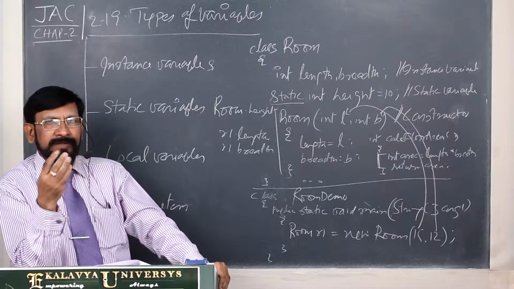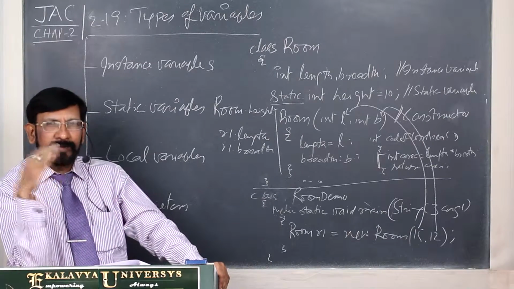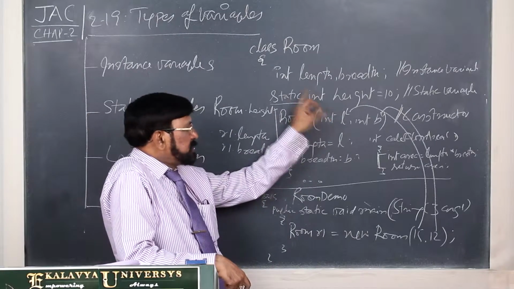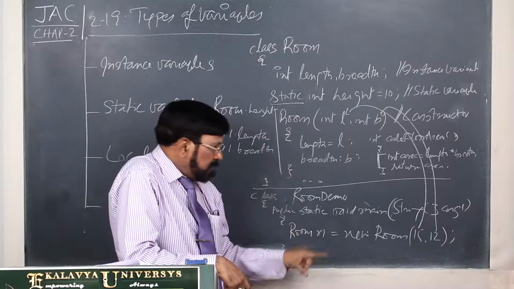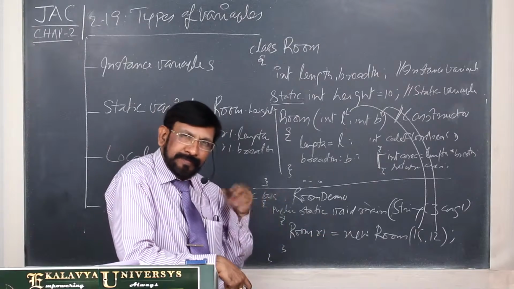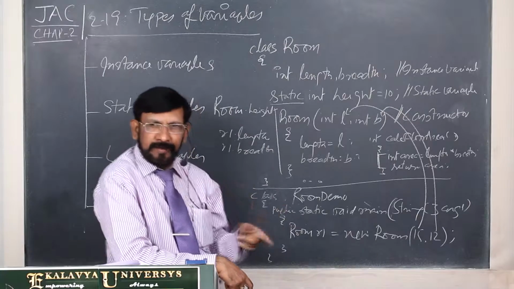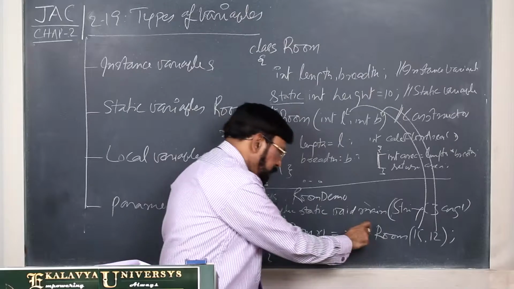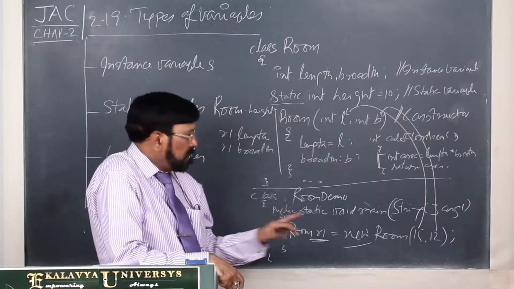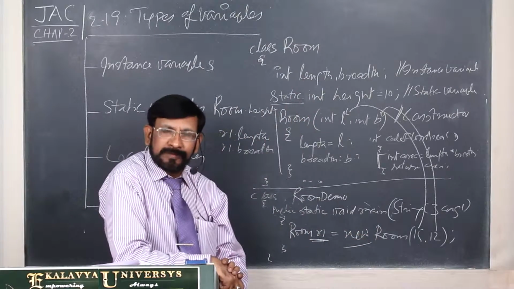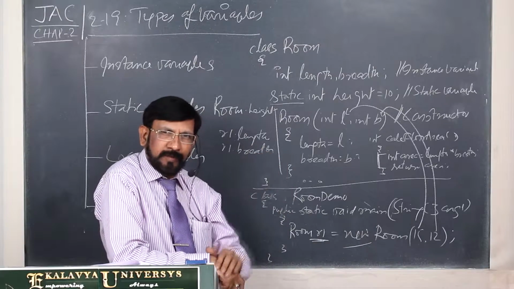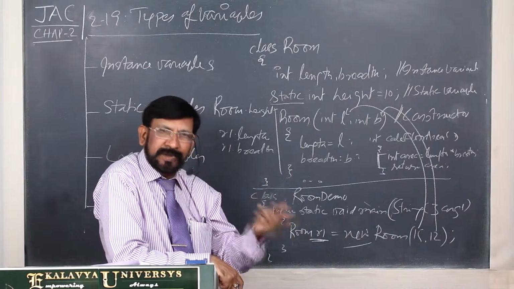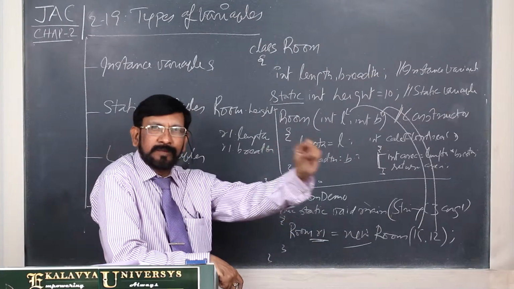Then when are they born, and when do they die? As far as instance variables are concerned, whenever an object is created, they get life. Here we create the object, this new operator creates a new object, then they get life. Suppose you want to put a name on a child to be born. If it is a male child, Mohan.